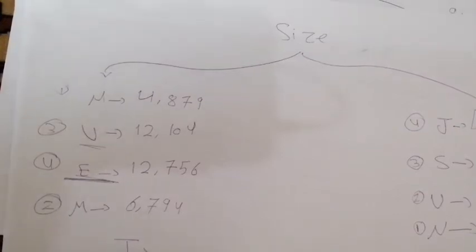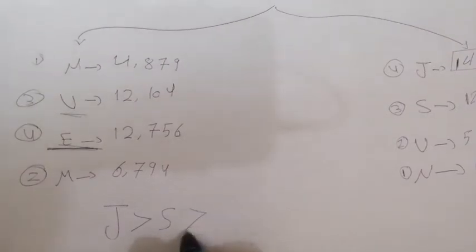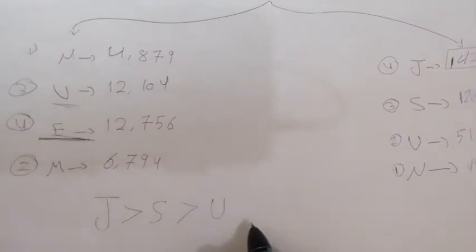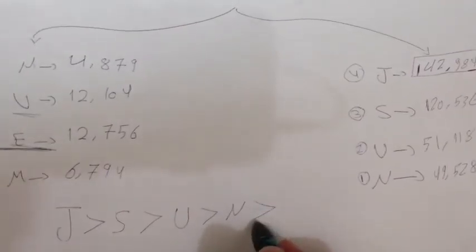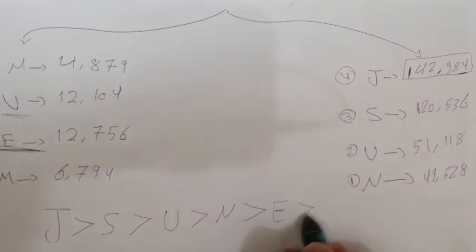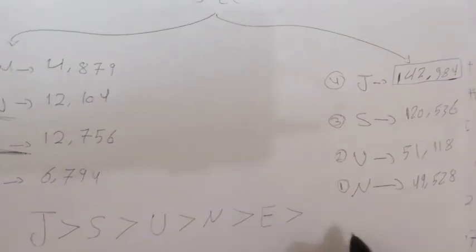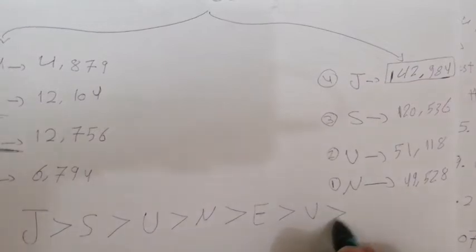Jupiter is bigger than Saturn. Saturn bigger than Uranus. Uranus bigger than Neptune. Neptune bigger than Earth. Earth bigger than what? Yes, Venus. Super. Venus bigger than what?